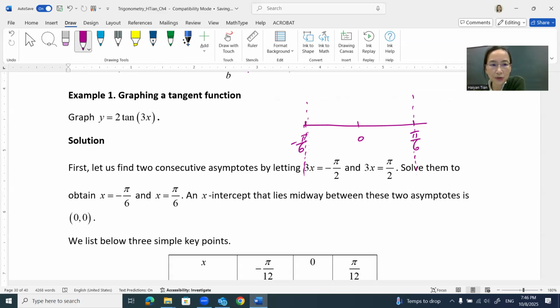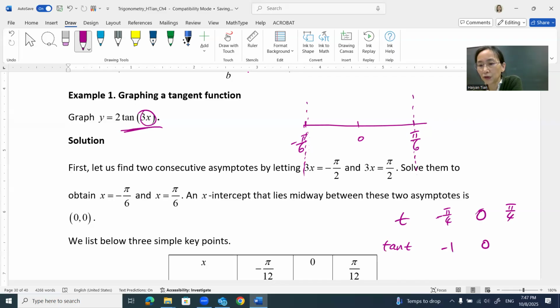So we want to find 3 points. Let t be 0, negative pi over 4, and positive pi over 4. Remember, the tangent of t at negative pi over 4 will be negative 1. At 0, the tangent will be 0.